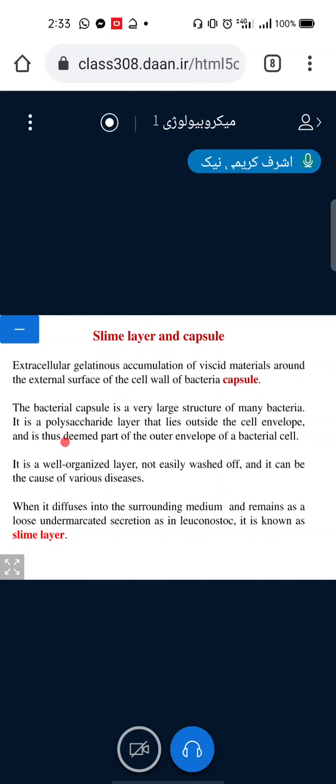Sometimes capsule is a polysaccharide layer. It is a polysaccharide layer that lies outside the cell envelope, and it is thus deemed part of the outer envelope of a bacterial cell.